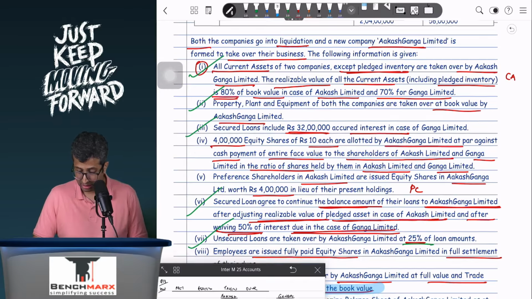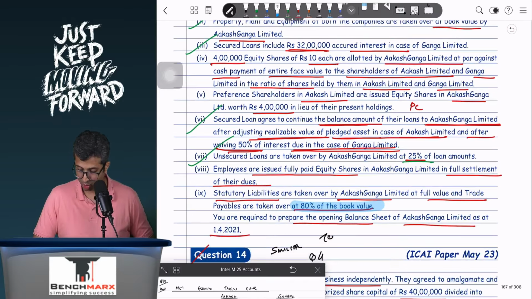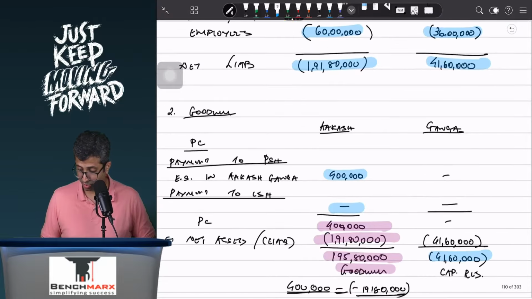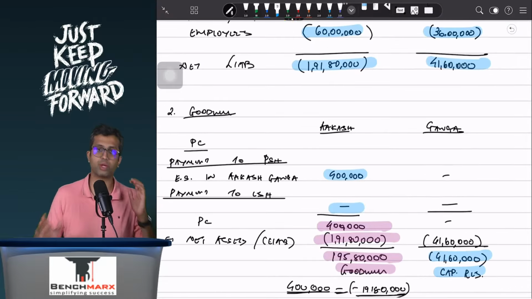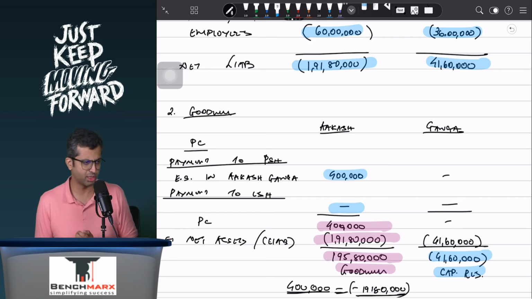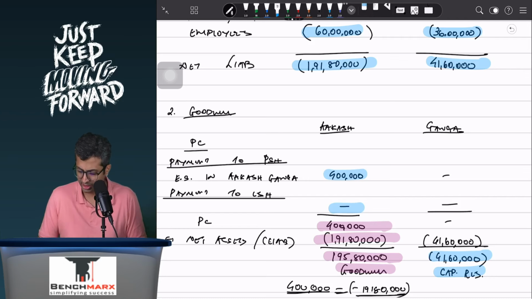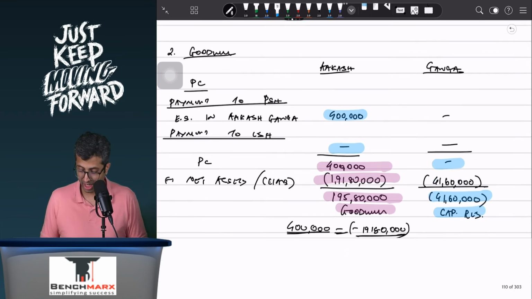Now, in this particular case, I believe the institute has taken the PC to be nil for Ganga. I would have taken probably the PC to be 41 lakh 60. That is very much possible. Institute has taken this to be nil. An alternative solution is very much possible. So over here, assuming your PC over here is 4 lakhs, there is no PC, sir. I can even take 41 lakh 60 and then I will take the net goodwill or the net capital reserve.